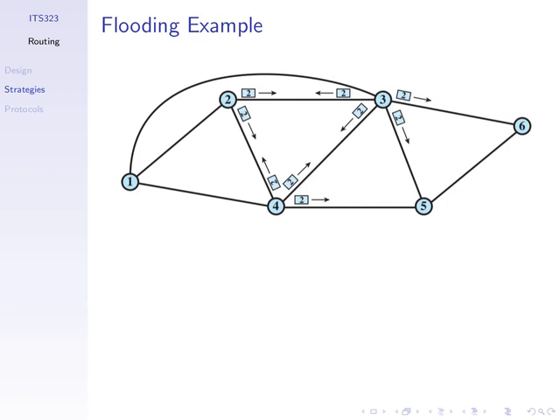These 2 packets have sequence number 1 as well. All of the copies of that original packet have the same sequence number. When node 4 receives these 2 copies, it checks, I've already received a packet with sequence number 1. I've already sent it to my neighbours. If I receive more, just discard them. Do not retransmit to your neighbours. There's no point because we've already sent a copy of that packet to our neighbours.